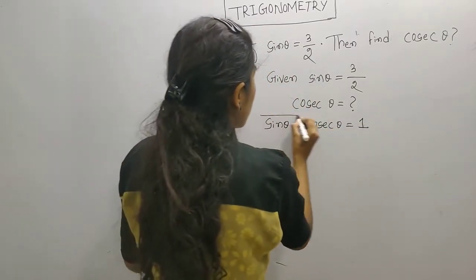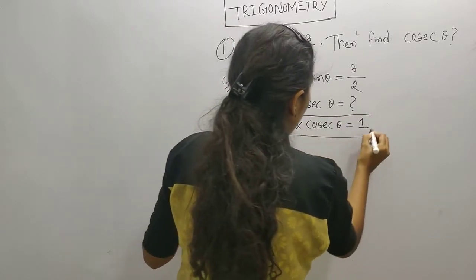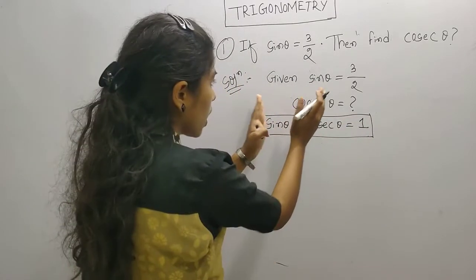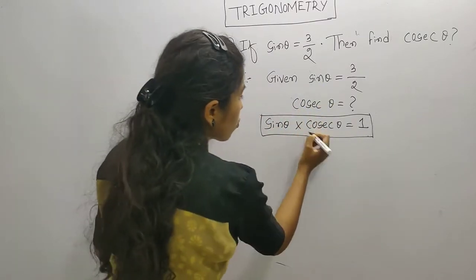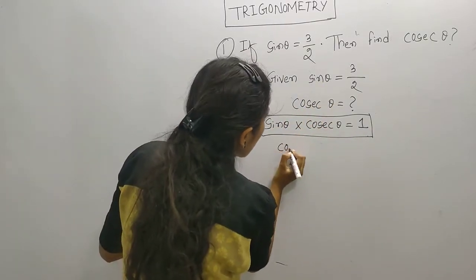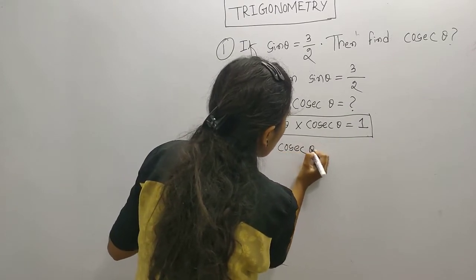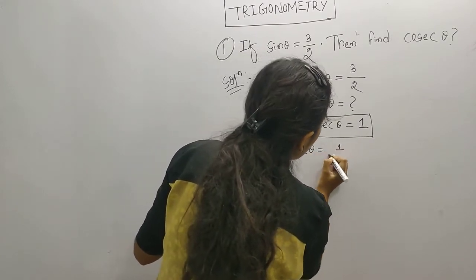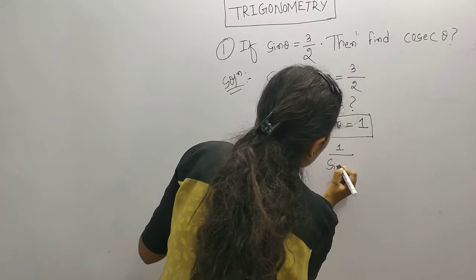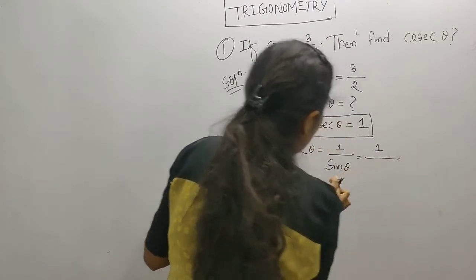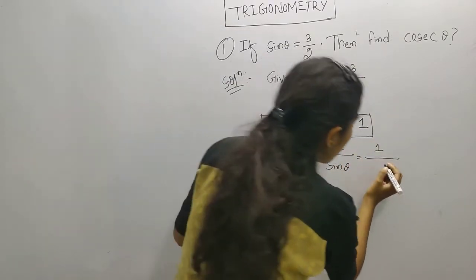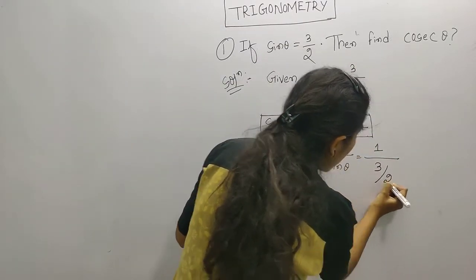So, in maths give a box to the formulas. Next, now we know sin theta. We have to find cosec theta. So here you have to write cosec theta equals to 1 by sin theta equals to 1 by, what is sin theta? 3 by 2. So here you have to write 3 by 2.